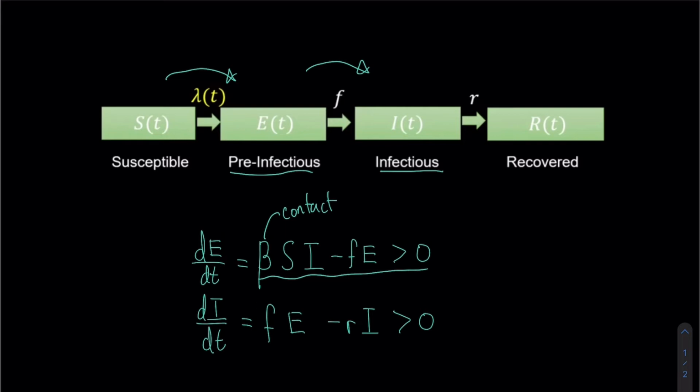And r is the rate at which people recover, so this is the recovery rate. And f is 1 over the latency period.